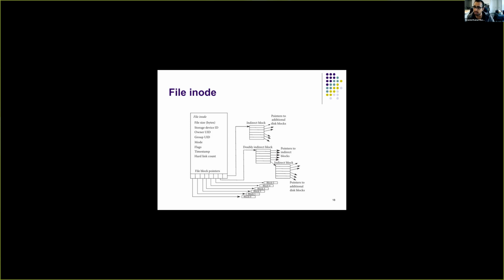Then you need many blocks to store the file. If you maintain a single list of blocks, then you cannot store all the blocks. That's why the operating system maintains indirect blocks and doubly indirect blocks, so that we can easily expand the file size without changing the file inode structure.